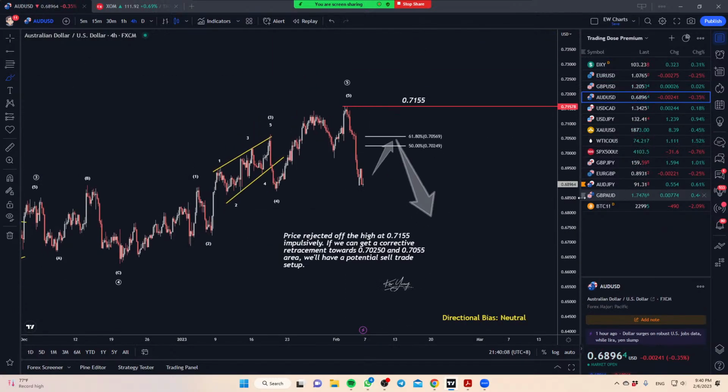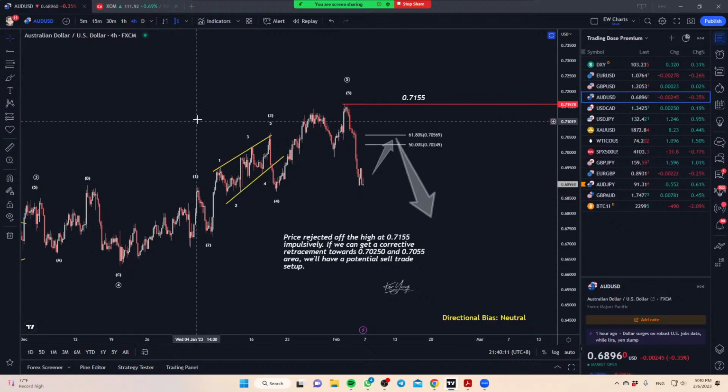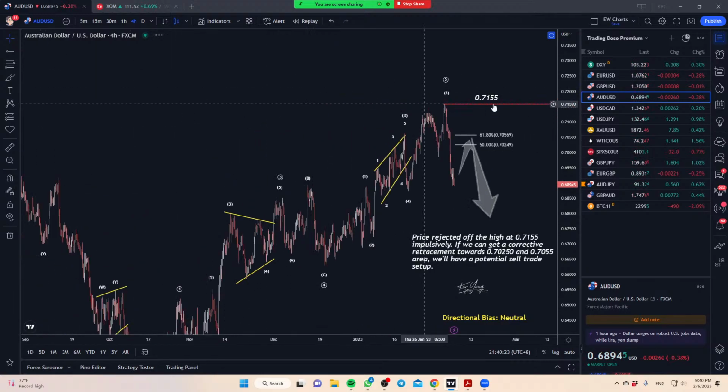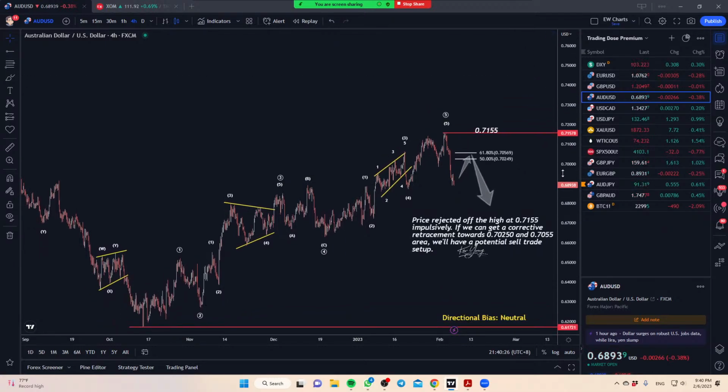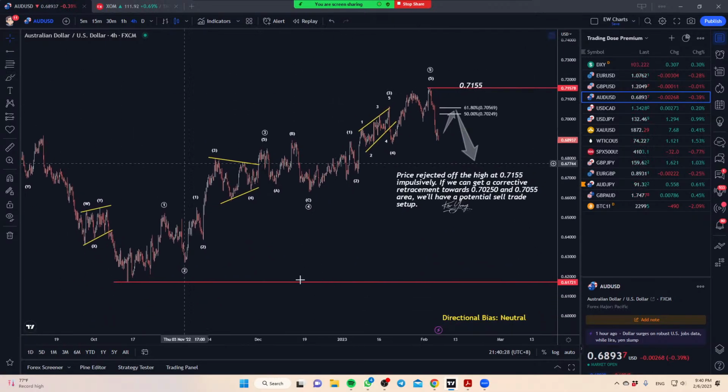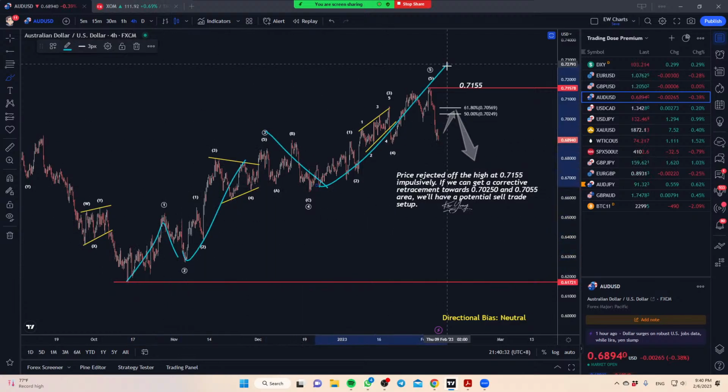Aussie dollar here is also quite nice in terms of the structure. I think because the dollar started to bounce higher, quite a few of these major pairs are also giving us a potential setup. So in terms of Aussie dollar, very neat as well. Overall here we get a 1, 2, 3, 4, and 5.